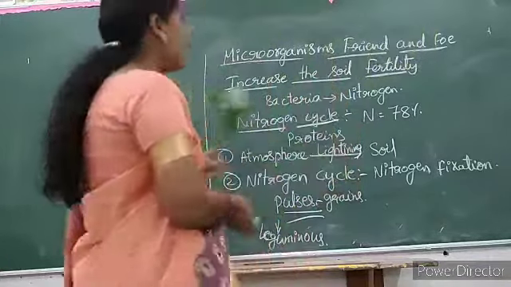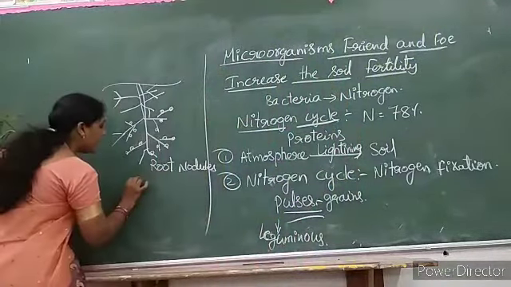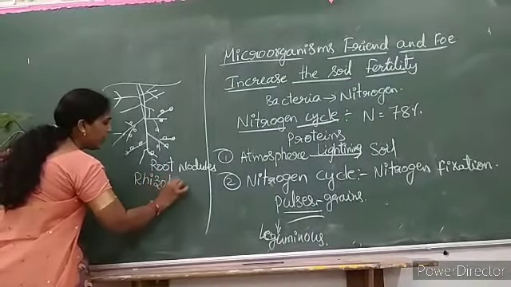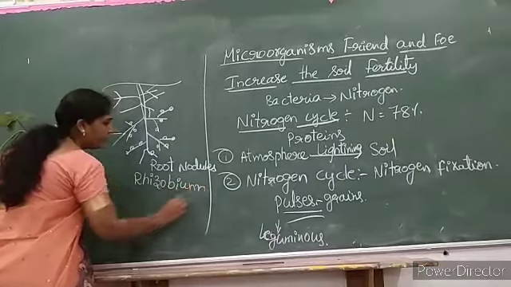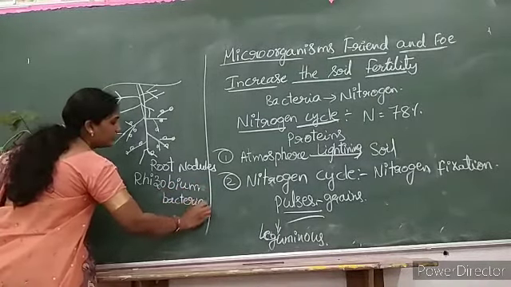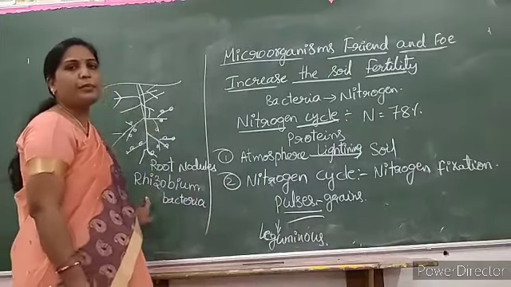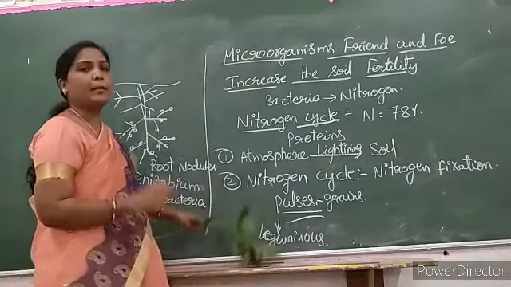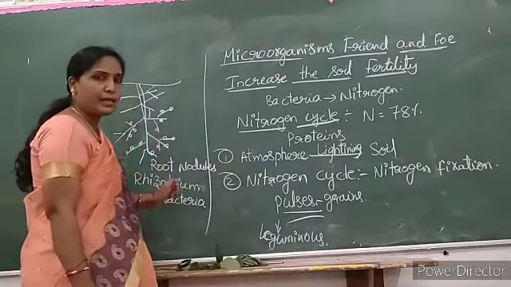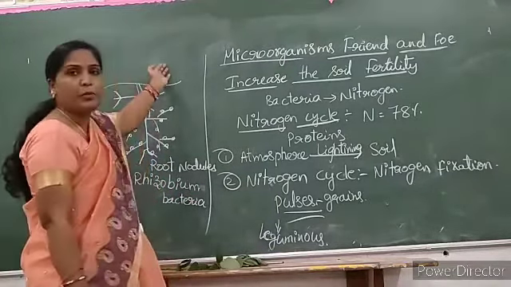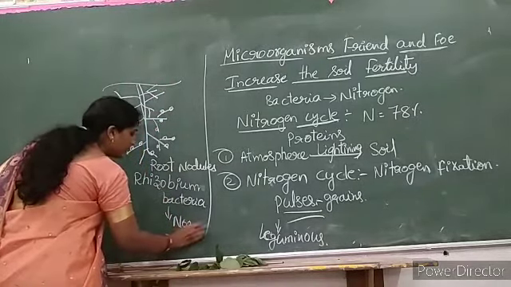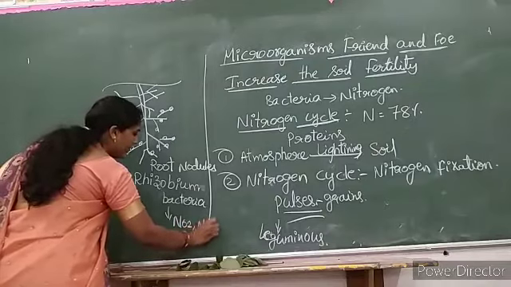This bacteria's name is Rhizobium bacteria. Which bacteria is present? Rhizobium bacteria. This Rhizobium bacteria has the capacity to convert atmospheric nitrogen into nitrite and nitrate.